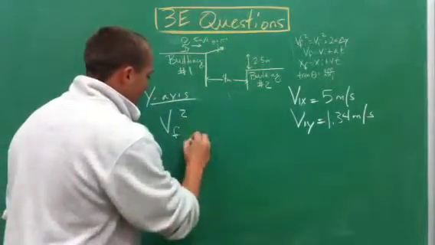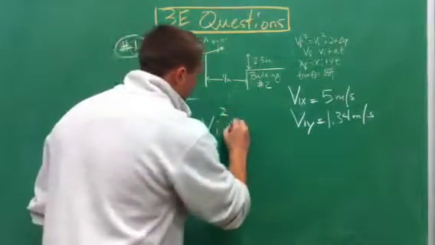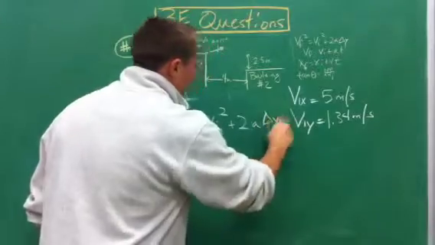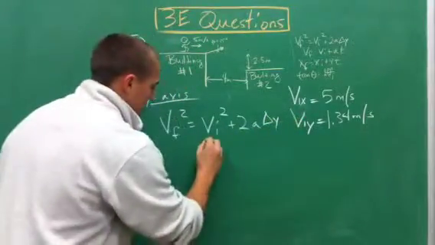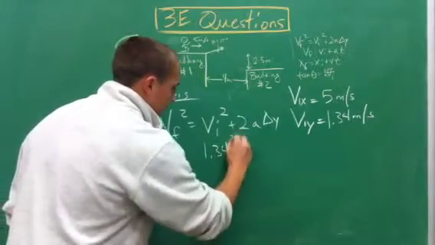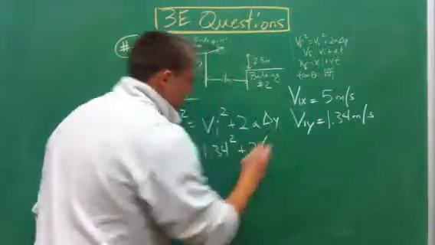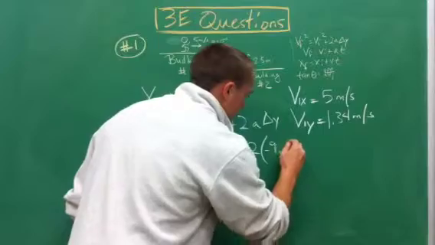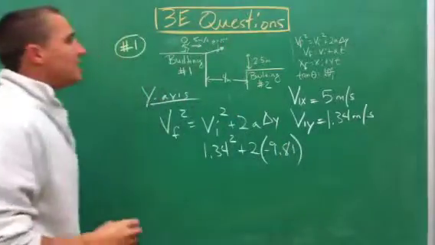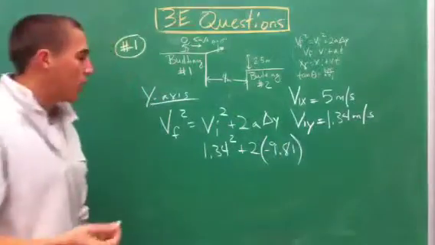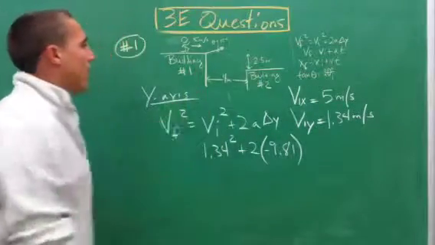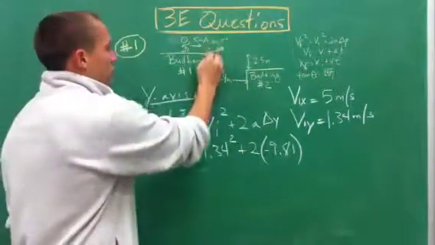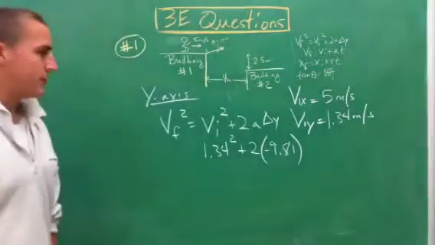So Vf squared equals Vi squared plus 2a change in y. We're solving for Vf squared. We know the initial velocity, 1.34 squared plus 2 times a, where a is gravity, negative 9.81. And then change in y is y final minus y initial. Well, his y final is going to be negative 2.5. Since this is where we're starting our coordinate system, initial would just be 0.